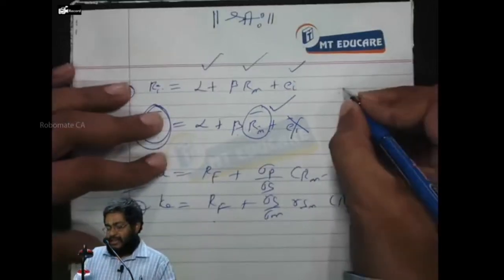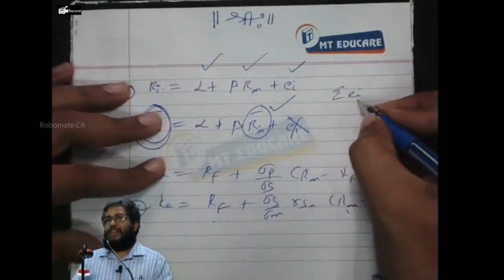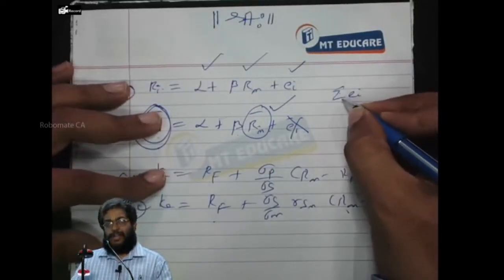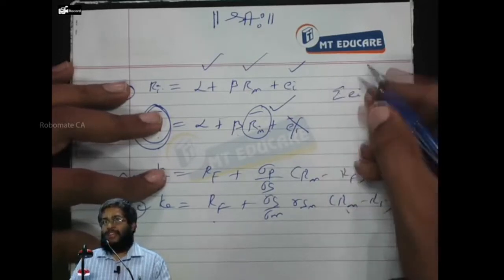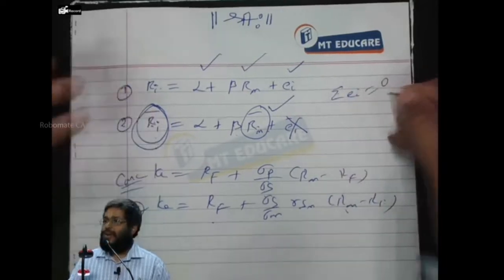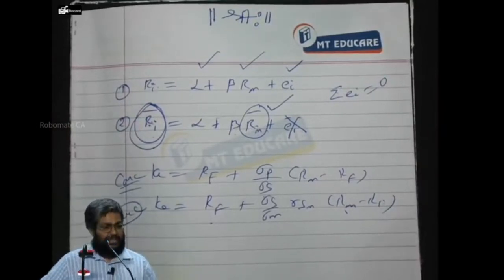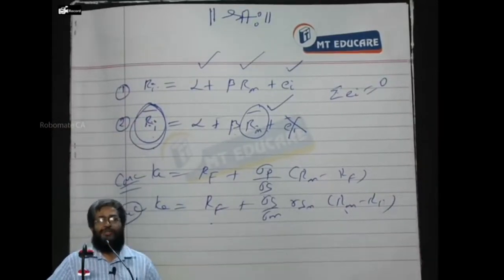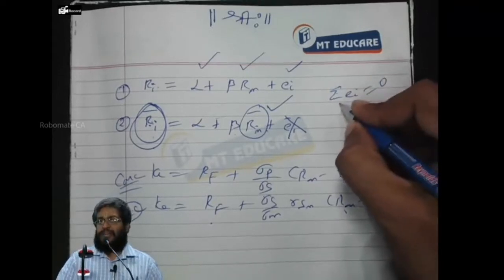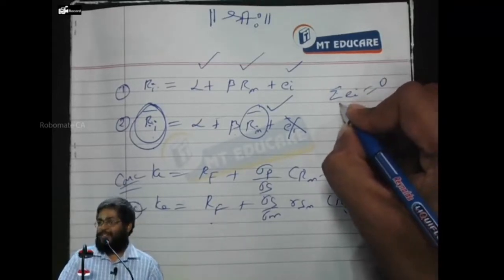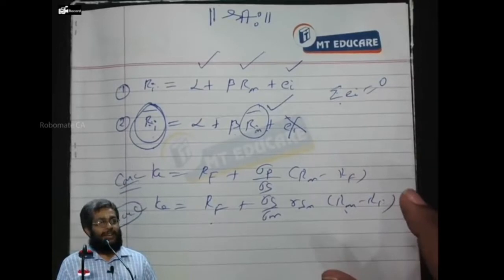Since sigma EI, sigma here means total, not standard deviation, sigma EI is equal to 0. Now the total of the error term is 0. You saw that in one of the previous calculations, no? Because sigma EI is equal to 0. The sigma is confusing me so much.